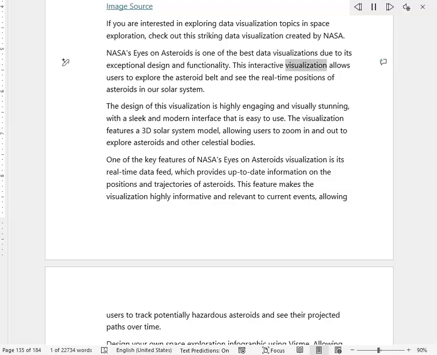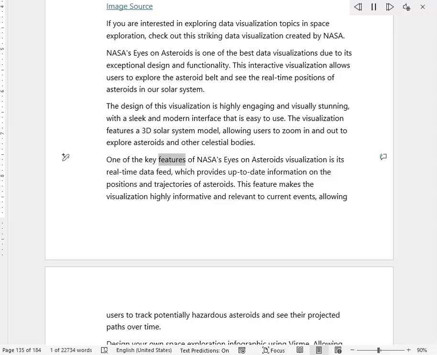This interactive visualization allows users to explore the asteroid belt and see the real-time positions of asteroids in our solar system. The design is highly engaging and visually stunning, with a sleek and modern interface that is easy to use. The visualization features a 3D solar system model, allowing users to zoom in and out to explore asteroids and other celestial bodies.